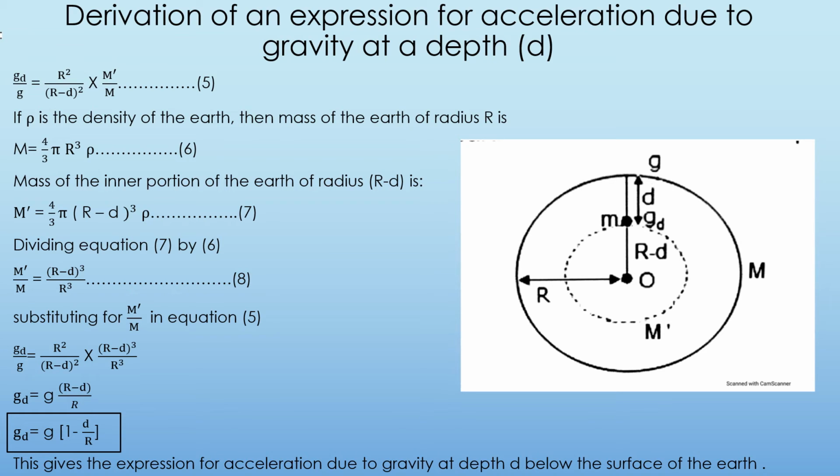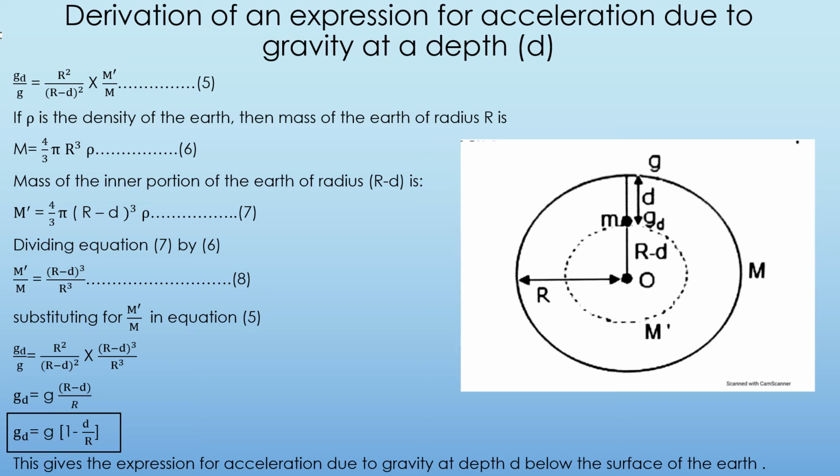What happens? g_d, which is the acceleration due to gravity at the depth d, divided by small g, is equal to R square by (R minus d) whole square into, we substitute the value of M' by M from equation 8, that is (R minus d) whole cube divided by R cube. Next, what all cancels? (R minus d) whole square cancels and R square cancels.